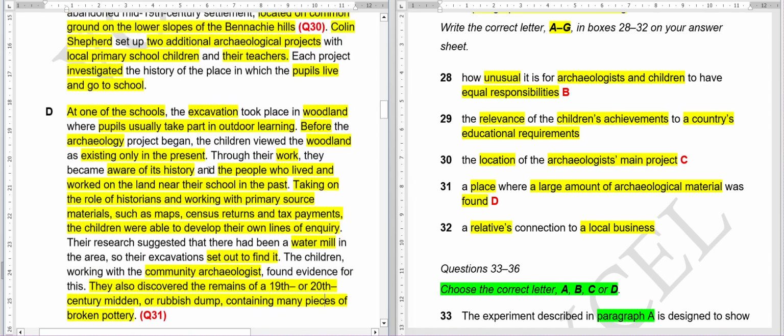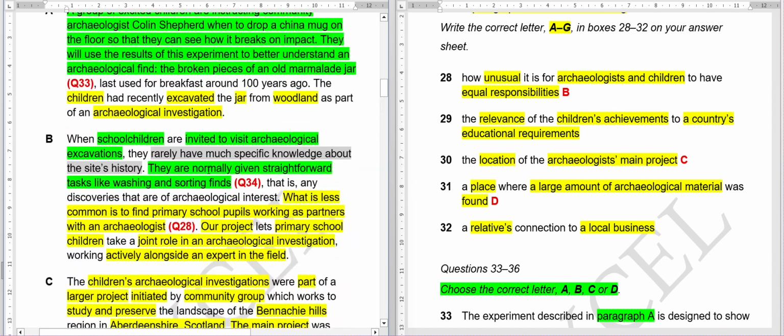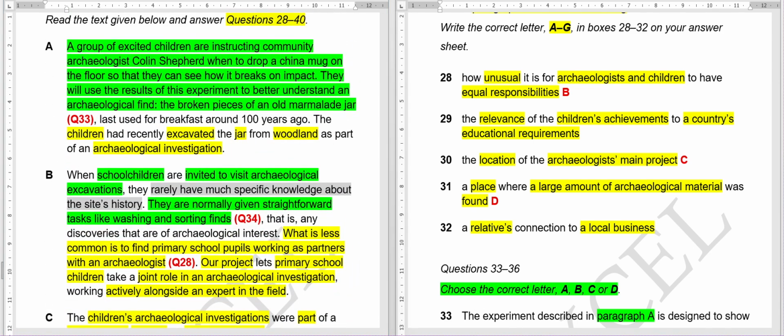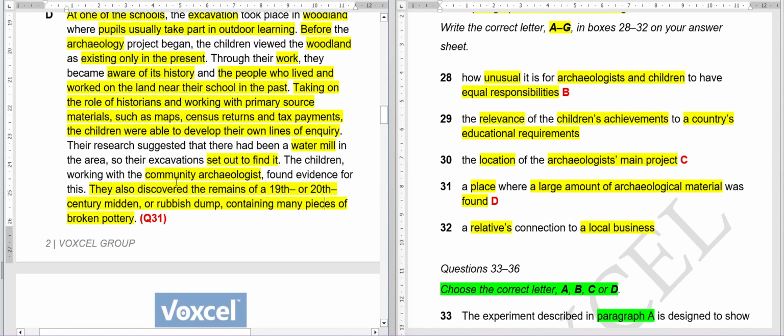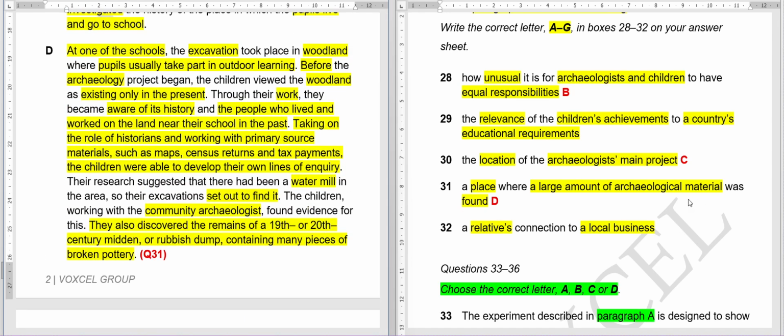If you remember, in the first paragraph we read something about a wood marmalade jar, so it was an archaeological find, so obviously broken pottery will also be an archaeological find. I hope it is clear.